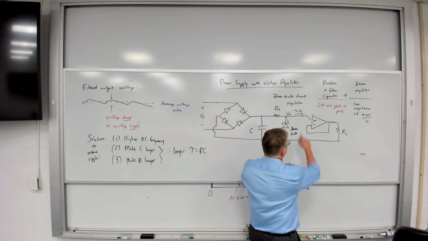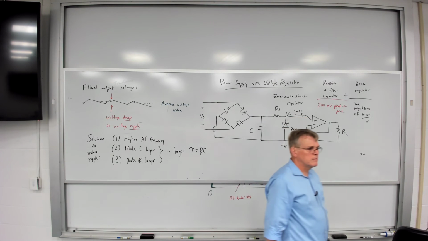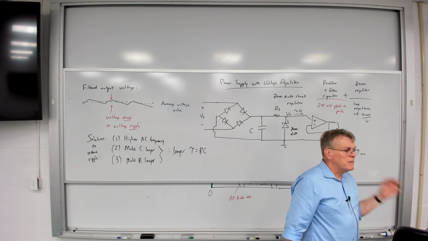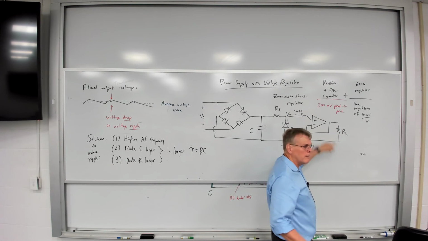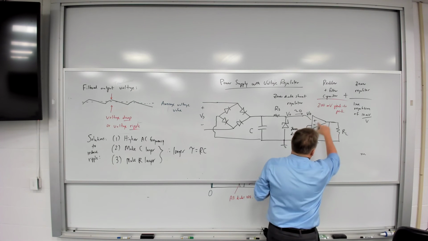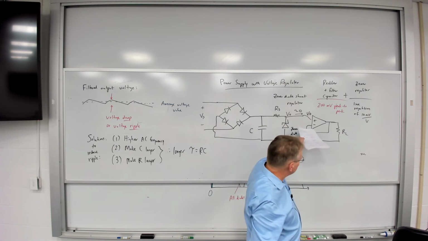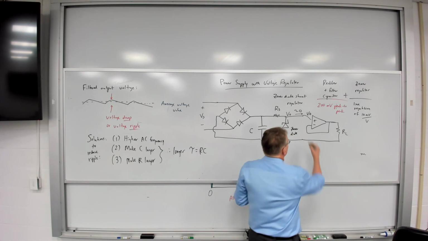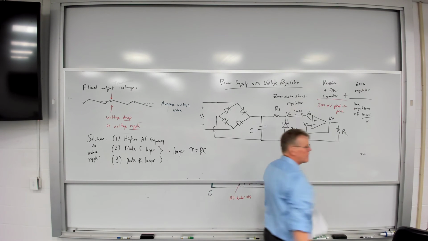So here's our VO. Remember, think about the properties of an op amp. What's the input current to an op amp? 0. All right? So there's no current flowing into this node, regardless of the value of RL. And because it's unity gain, I've got VO here. I've got a virtual short circuit at the input of the op amp because of negative feedback, which means that voltage is VO, which means this voltage is VO.